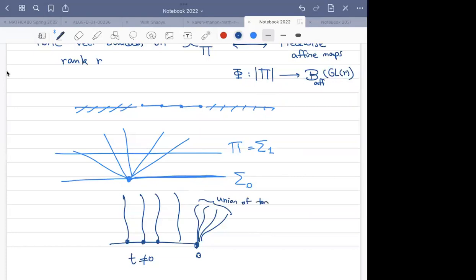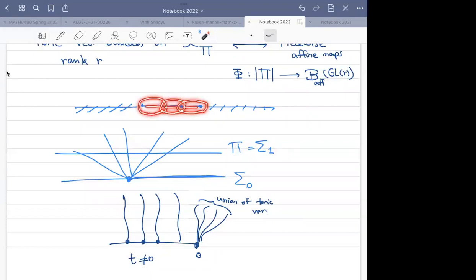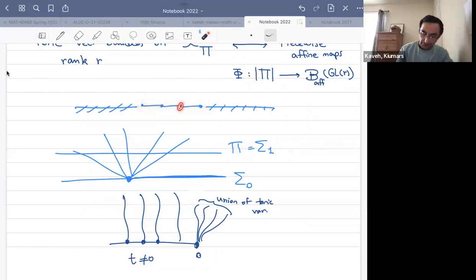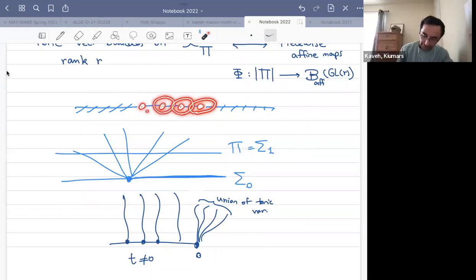Which fans are they given by? The fan can be understood from the normal fan of this polyhedron. Sorry, not the normal fan, let me correct myself. You look at the vertices here, and locally the fan at that origin.